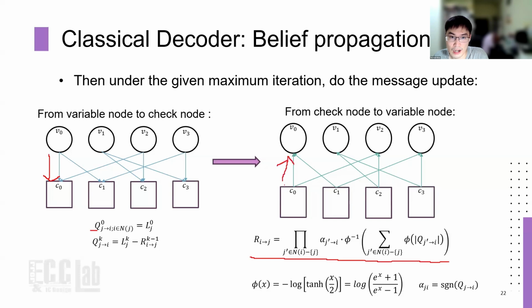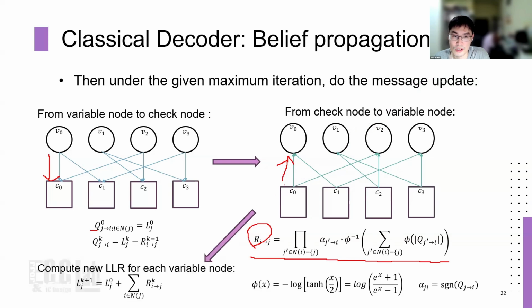We record this as R. Now we can compute the new LLR value for each variable node. In the next iteration, we get the new Q value by subtracting the previous R value from the new LLR value. As you can see, the check node to variable node update is the most complicated. The phi function contains a hyperbolic tangent function.